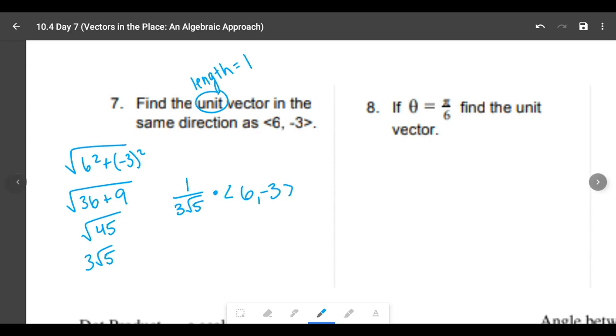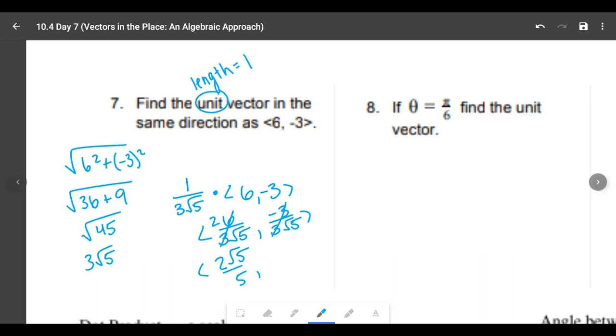So when I do that, we end up getting 6 over 3 square root 5 and negative 3 over 3 square root 5. And if we simplify this a little bit, that becomes 2 root 5 over 5.